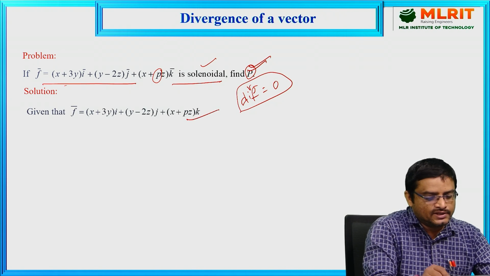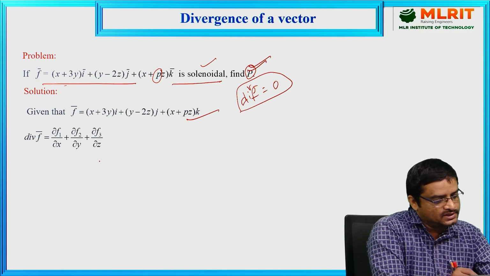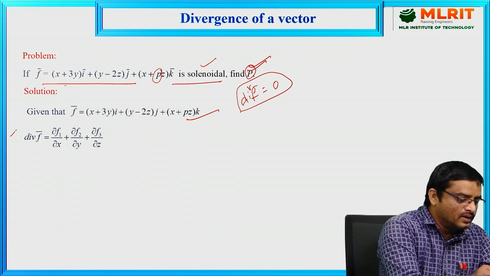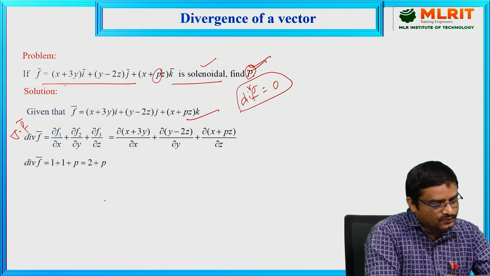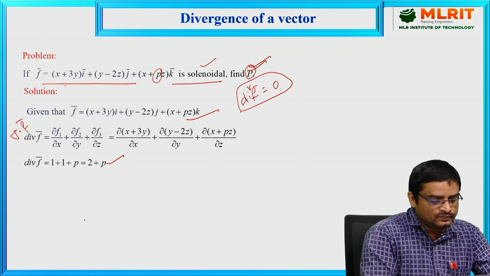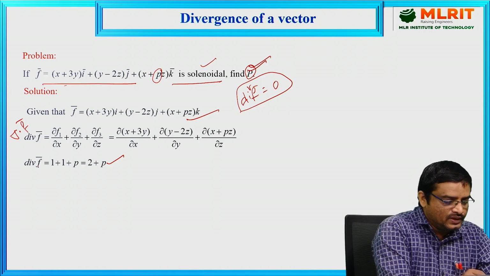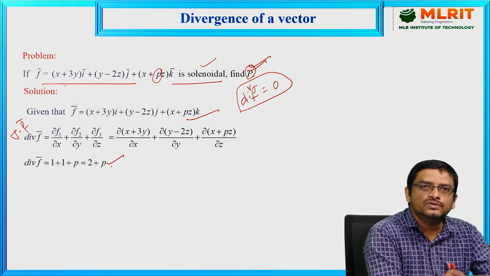Now take this f bar value and find div f bar, that is del dot f bar. This div f bar is also represented with del dot f bar. Now find that del dot f bar value. You will get del dot f bar is equal to 2 plus p. Now use the condition div f bar is equal to 0. Why are we considering div f bar equal to 0?